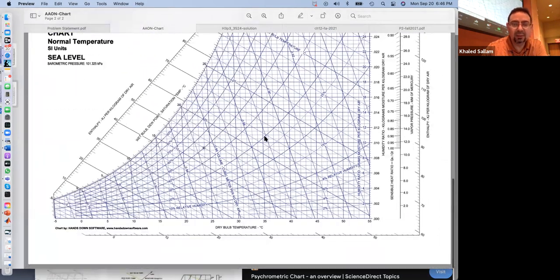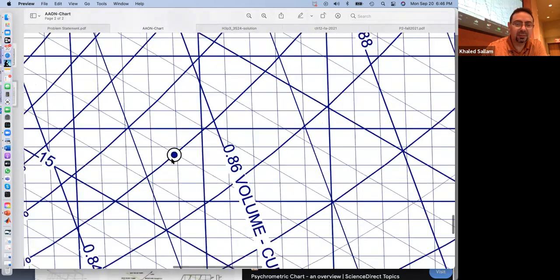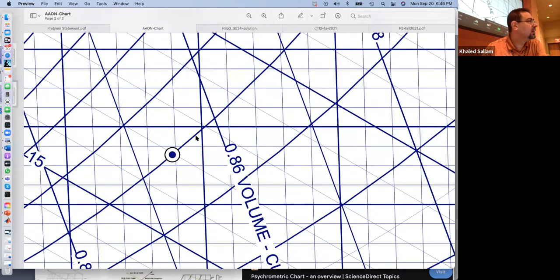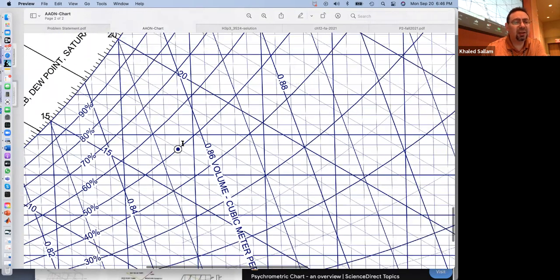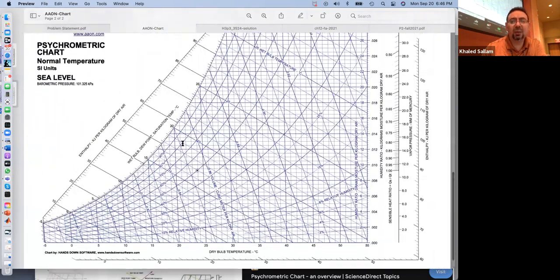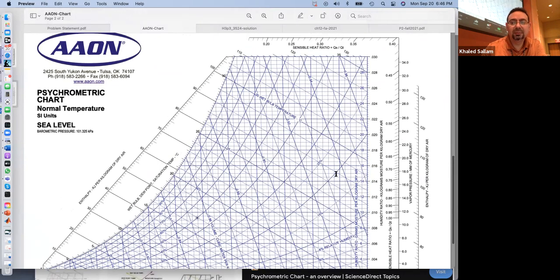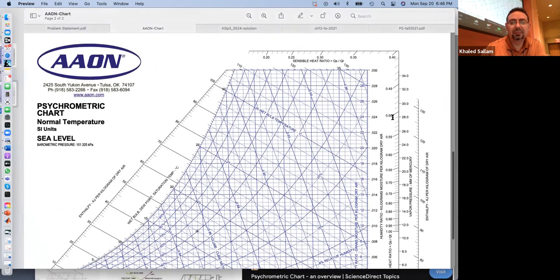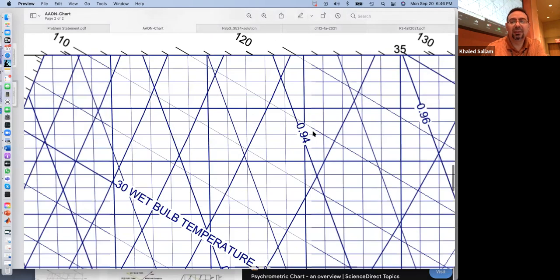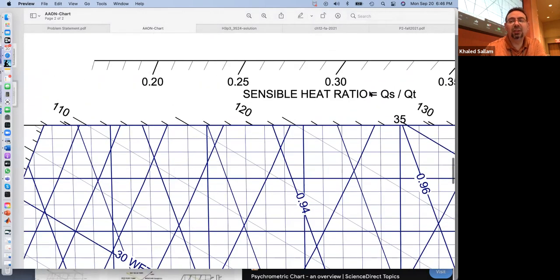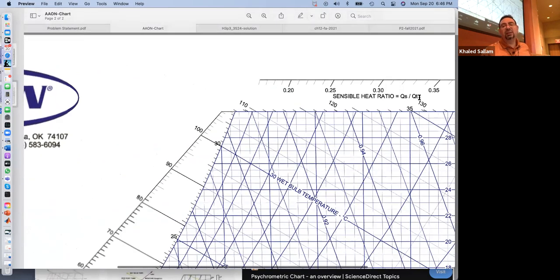Did you notice this point? How is that having the ratio? What is that thing? Sensible heat ratio, Q dot S over Q dot total. Okay, how does this work exactly?